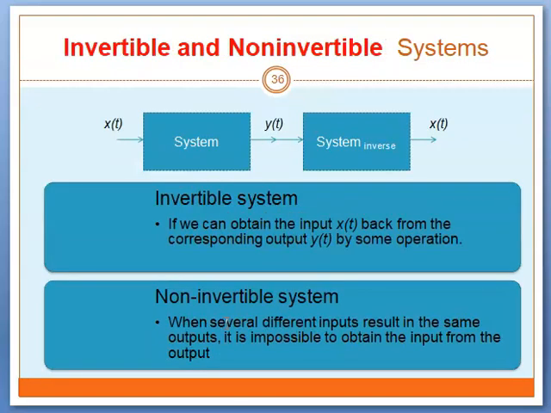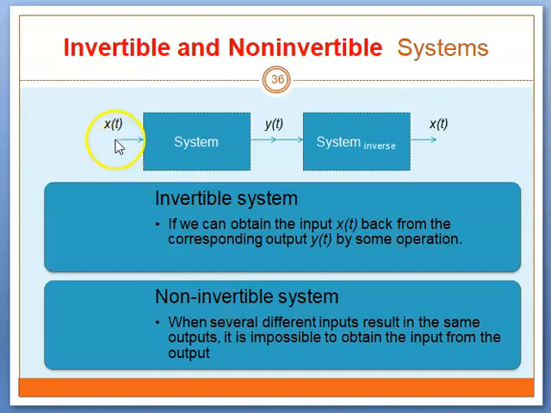Next, we have the invertible and non-invertible systems. A system is invertible if we can obtain the input x(t) back from the corresponding output y(t) by some operation.